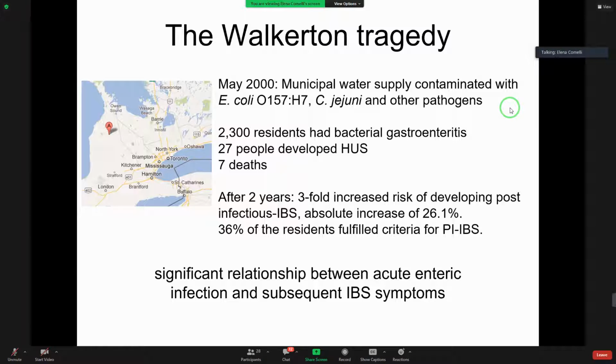In fact, after 2 years, in this population, it was found that there was a 3-fold higher risk of developing post-infectious irritable bowel syndrome, highlighting a significant relationship between acute enteric infection and subsequent irritable bowel syndrome.